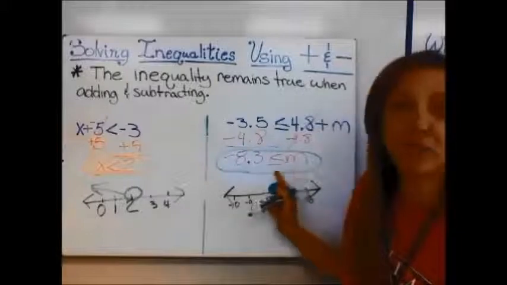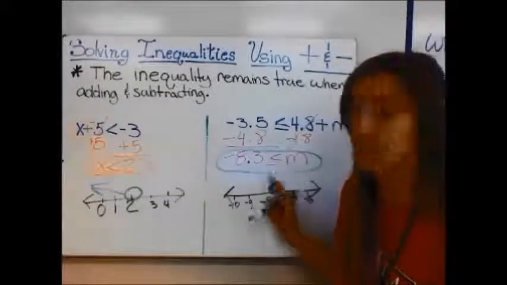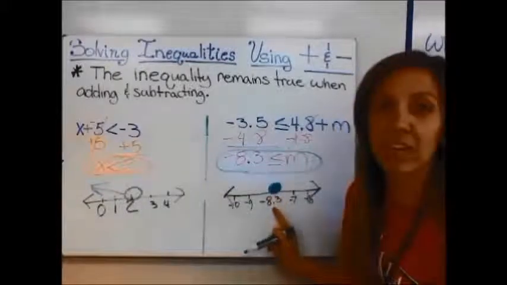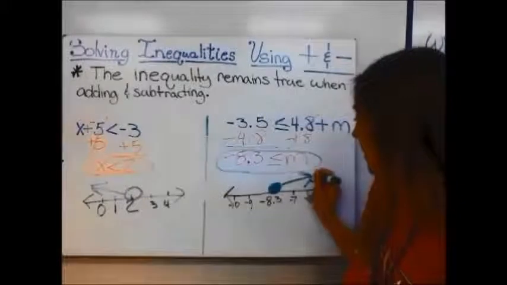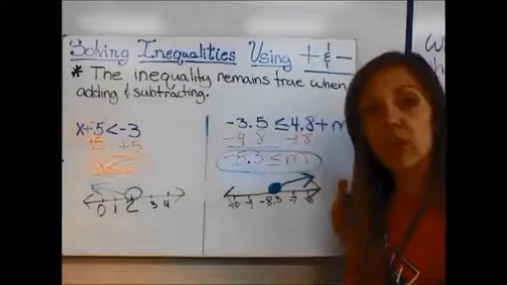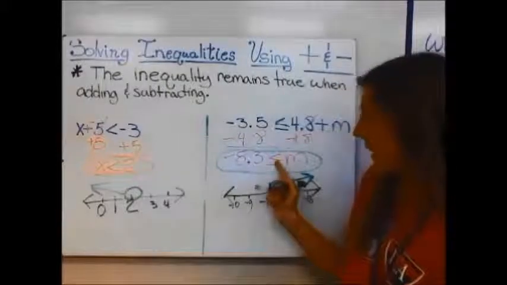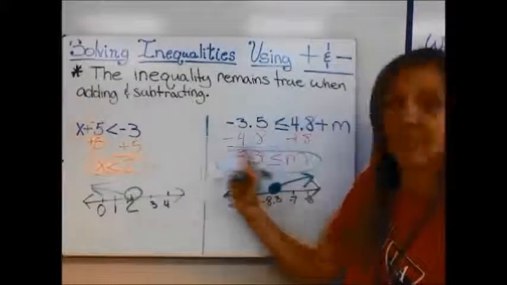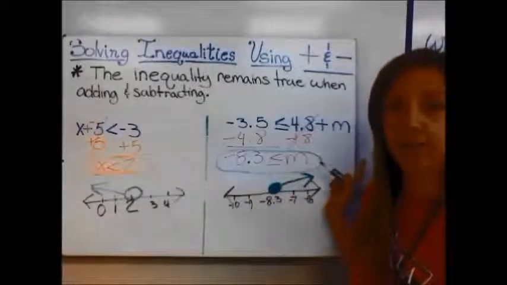So since m is greater, and again, I'm always graphing the variable, m is a greater number, greater than negative 8 3/10. So I'm going to point to greater numbers, which are to the right. The numbers that are greater than are always going to point right. Well, my inequality symbol, though, is pointing this way, but my graph is pointing to the right.